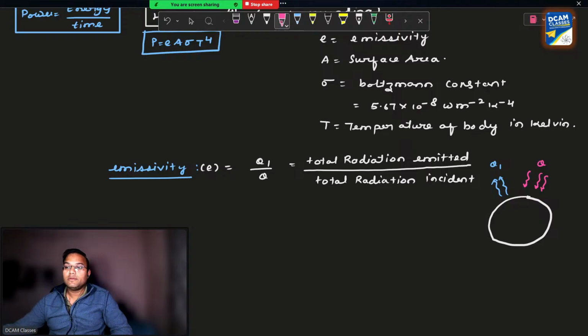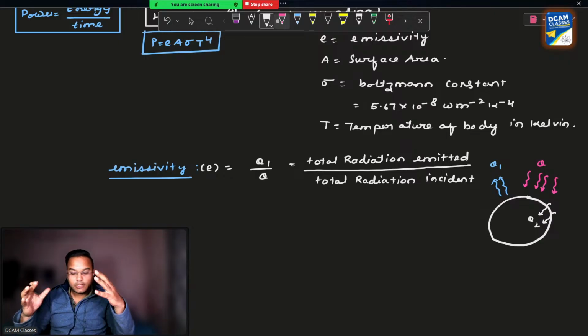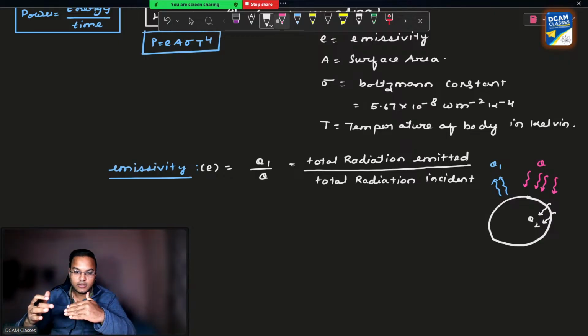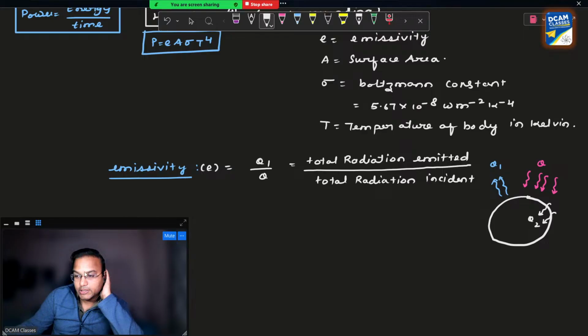Some part will be going out, and other part will be absorbed inside. So there was radiation incident on the surface. Out of this, some radiation went out, meaning it was reflected back, and some amount of radiation got absorbed inside. This is how things actually happen. So emissivity is Q1 by Q, meaning the total radiation emitted divided by the total radiation incident.